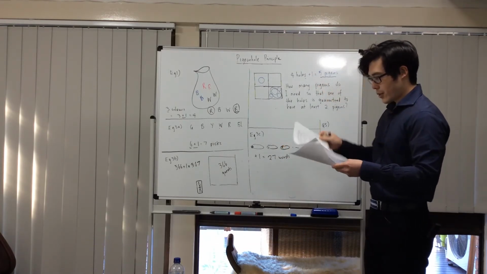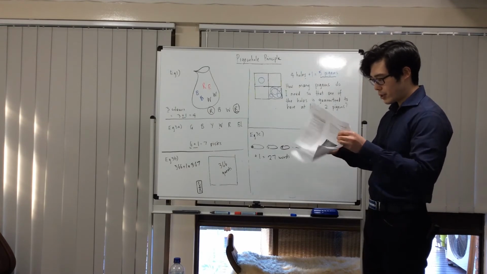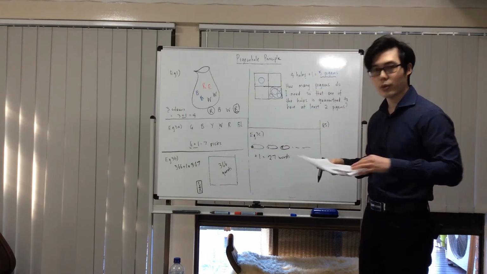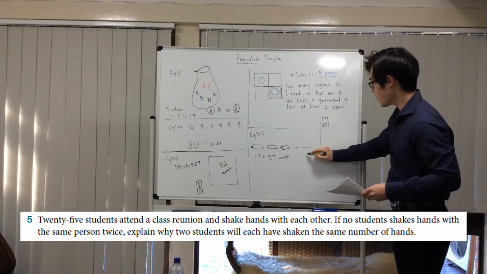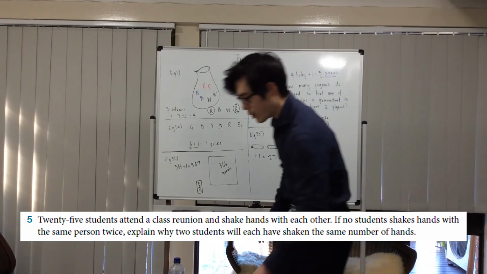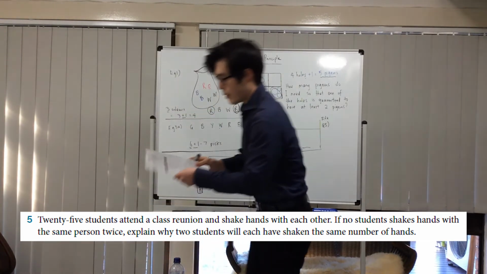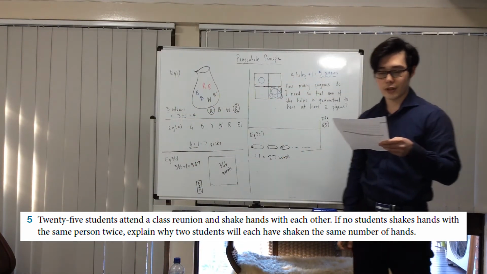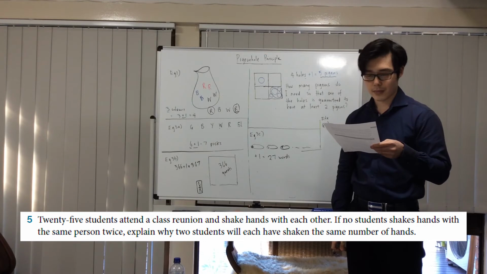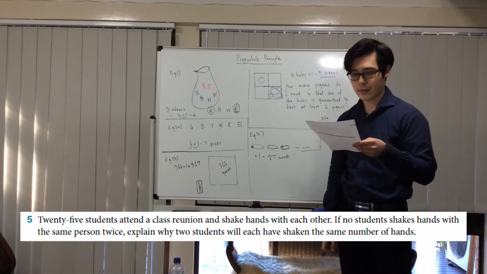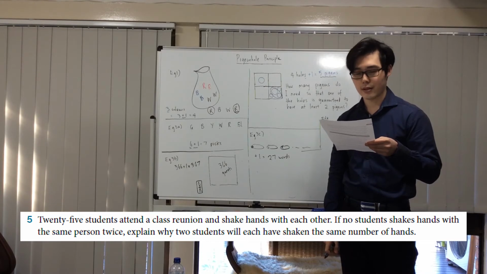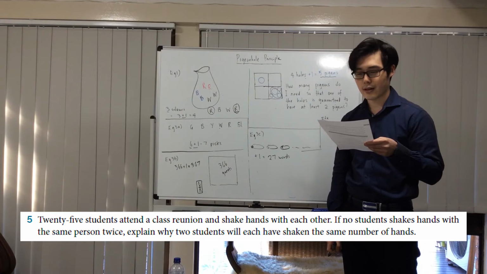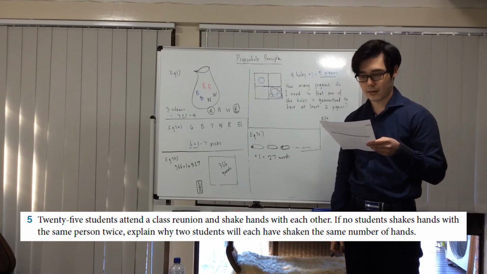All right, so now let's have a look at a trickier question. Let's have a look at question 5 from Fitzpatrick. Right, so question 5, I thought it was an interesting problem. It says 25 students attend a class reunion and shake hands with each other. If no student shakes hands with the same person twice, explain why 2 students will each have shaken the same number of hands.